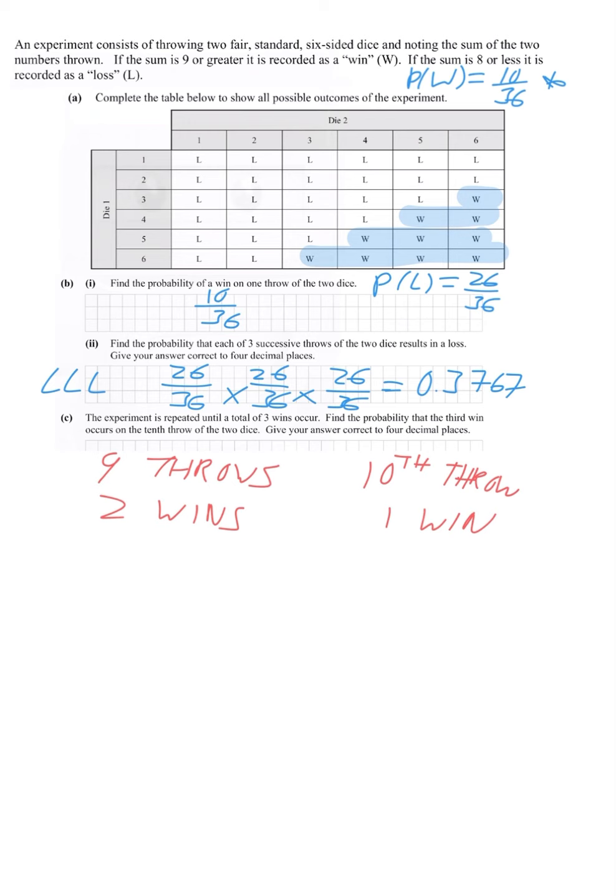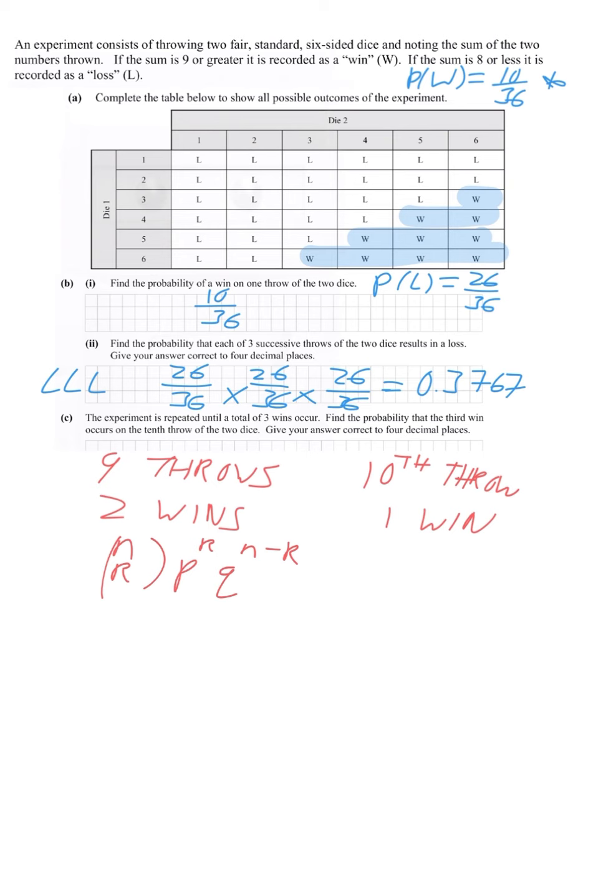Alright, so this is a Bernoulli trial question. So let's write down the formula. So you have n choose r times the probability of success, p, to the power of r, times q, the probability of failure, to the power of n minus r.